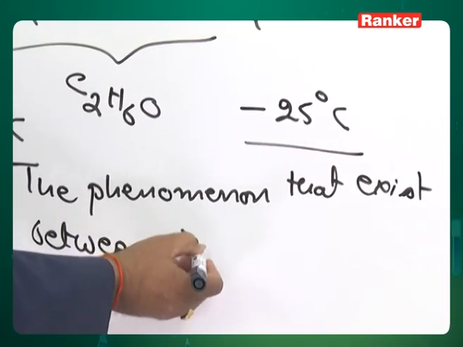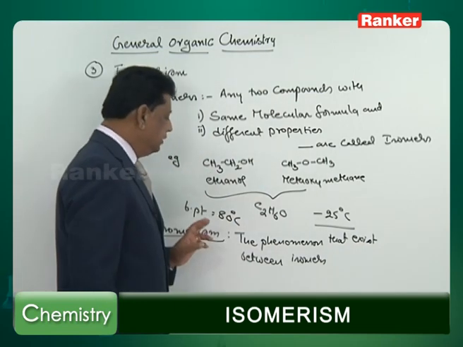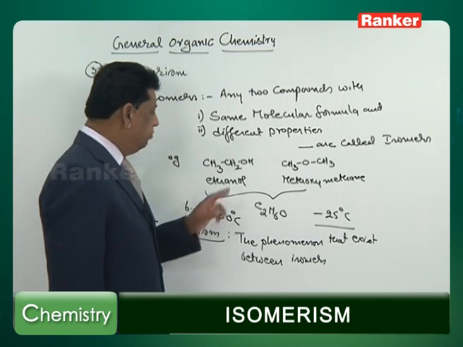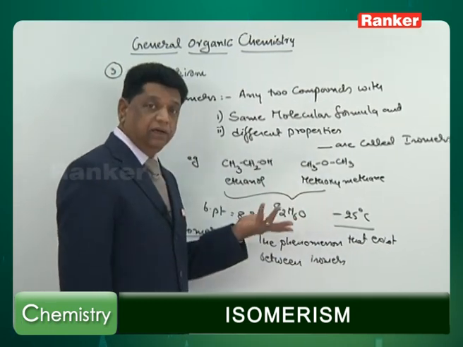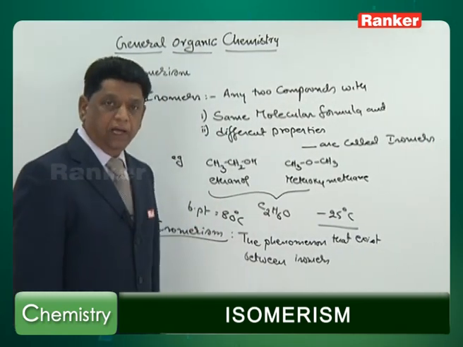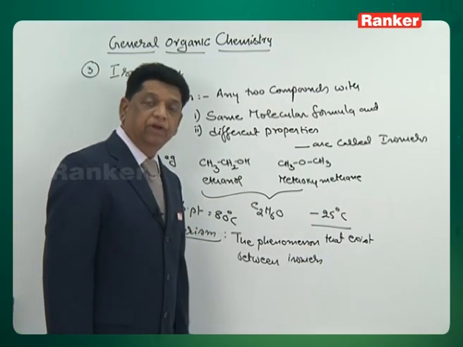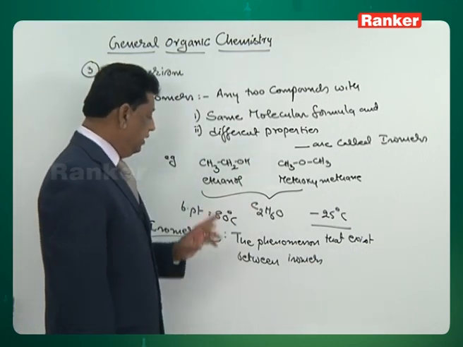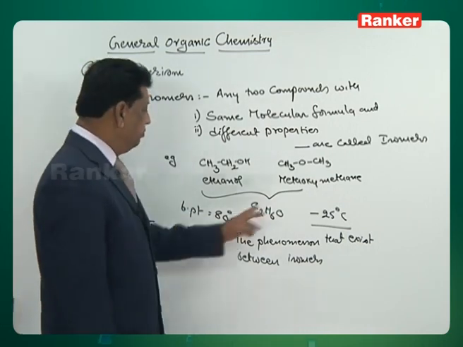Any two isomers are between isomers. So, what is the phenomenon? Or the phenomenon you can replace with the linking property. What is the linking property? This is the linking property. Actually, the properties are different, that is not linked. So, what is linked means being the same molecular formula for two different compounds, and that phenomenon is called isomerism. So, isomerism is the linking property, or being the same molecular formula for the given two compounds is known as isomerism.